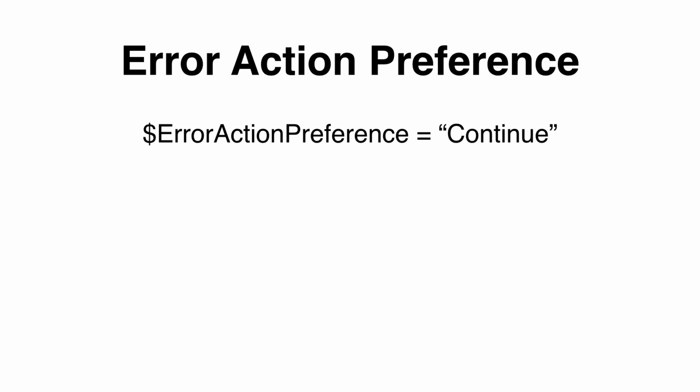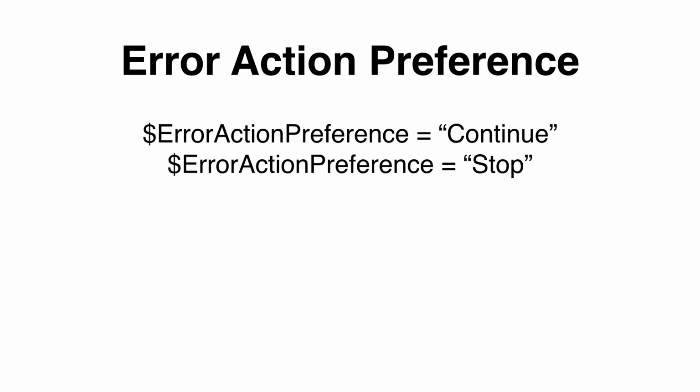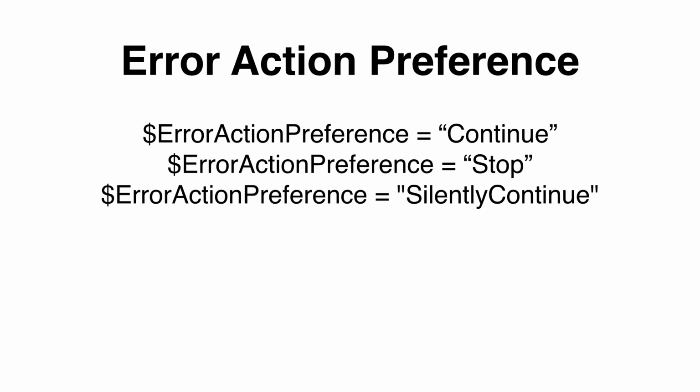This is an example on how to specify the error action preference. The default is Continue, like previously mentioned. This will mean that the error is thrown, but the processing will continue. Another one is Stop. This will completely terminate your script and exit the code. You can specify SilentlyContinue.